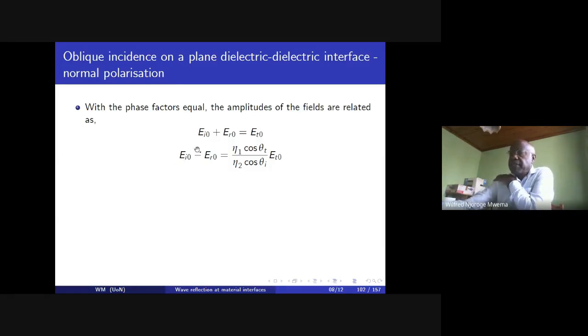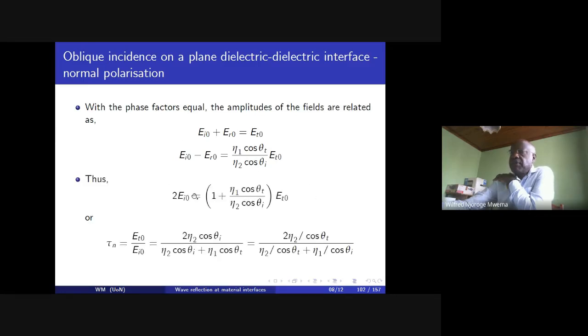And the difference must be given by eta 1 cos theta t over eta 2 cos theta I of Et0. Okay, that's the relationship. And therefore, if we were to add these two equations, we'll get twice Ei0 equal to 1 plus those values there multiplied by Et0.